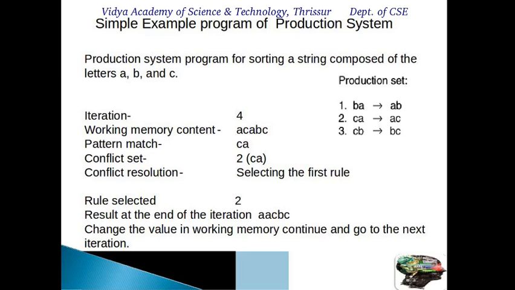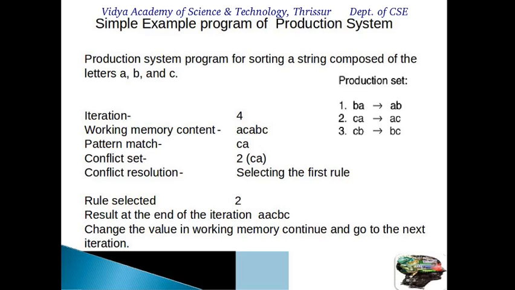In the next iteration, again the working memory is checked. There are 3 conditions, and out of these only one condition is met, that is CA is there in the word at present. So CA means rule 2, corresponding action is AC.